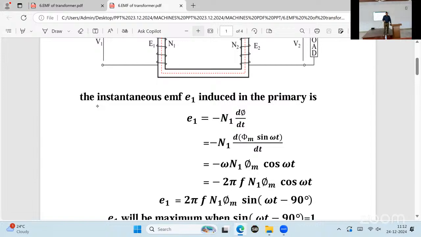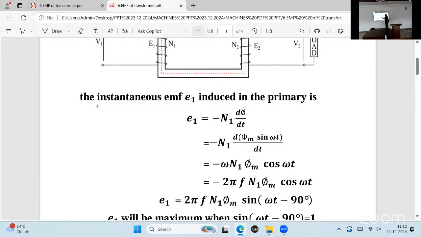This is the first law. What is the second law? The formula: every second, voltage is induced in the primary winding, not the average. This is called E1 is equal to minus N1 into d phi by dt. What is phi? Phi m sin omega t.